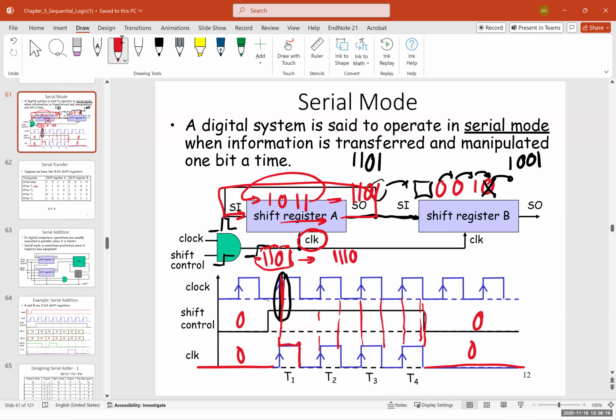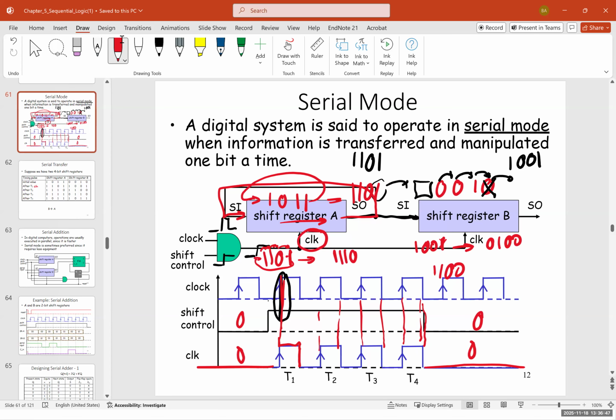Am I correct? What about this one? This one was 1, 0, 0, 1. If I shift everything to the right, this one would fall off, and I'm having 0 coming in from the other one. I'm sorry, I had the 1 from the previous one. So it's going to be 1, 1, 0, 0.